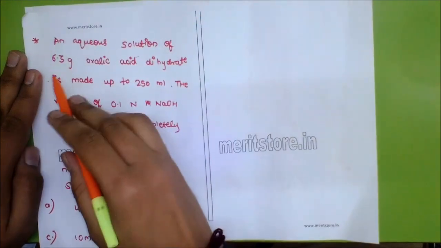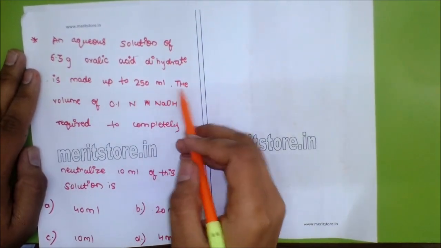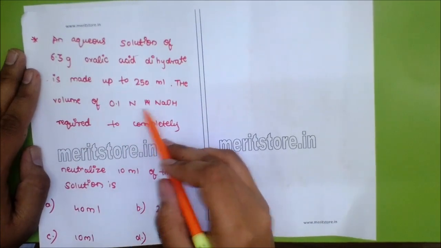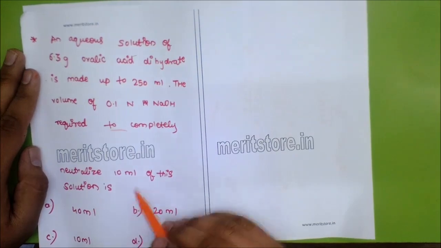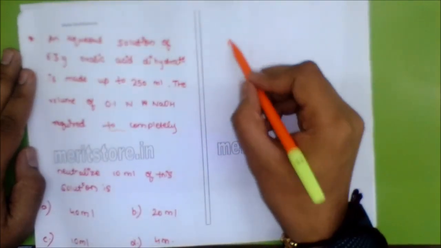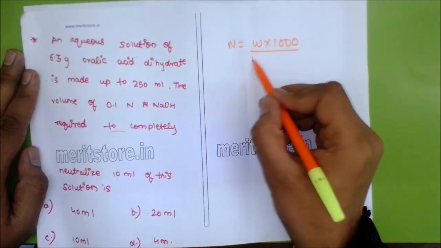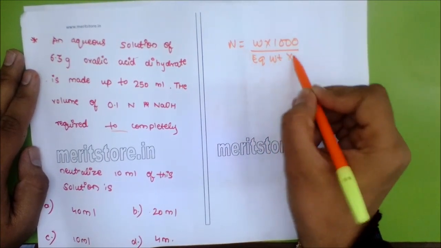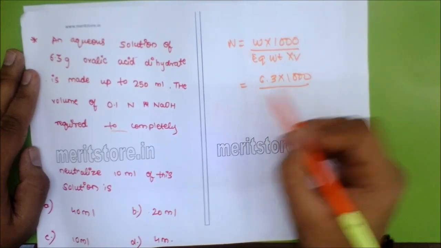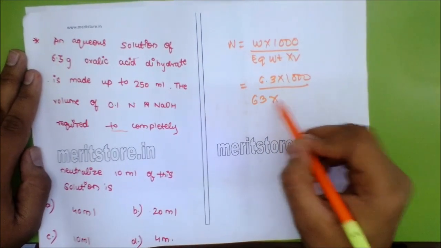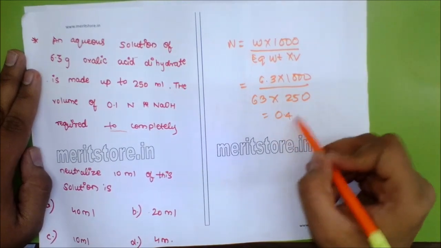An aqueous solution of 6.3 gram oxalic acid dihydrate is made up to 250 ml. The volume of 0.1 normal NaOH required to completely neutralize 10 ml of the solution is. So now we know N is equal to W into 1000, that is weight into 1000, upon equivalent weight into volume, which is equal to 6.3 into 1000 upon 63 into 250, which is equal to 0.4 normal.